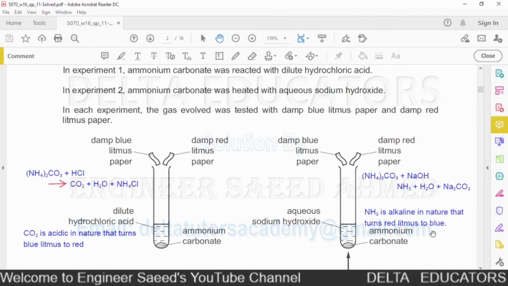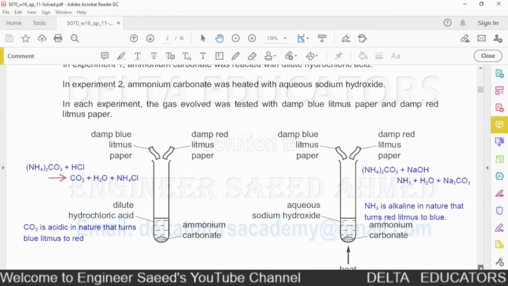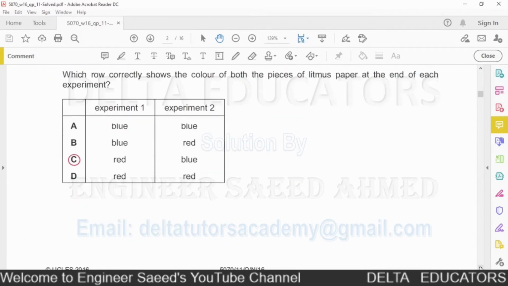So in experiment 2, at the end of the experiment, we will get blue litmus paper. And blue litmus paper in experiment 2 is given in option C. So the correct option is option C. In experiment 1, we will get red litmus paper because of the presence of carbon dioxide gas, and in experiment 2, we will get blue litmus paper because of the presence of ammonia gas.